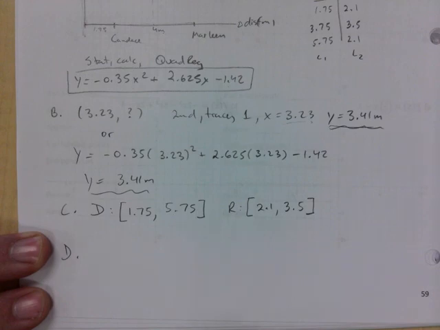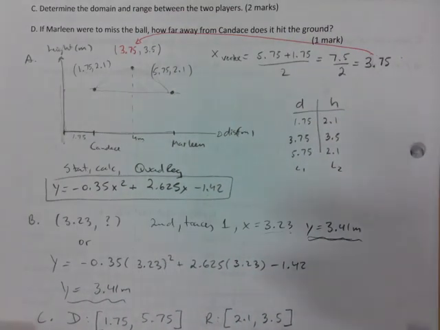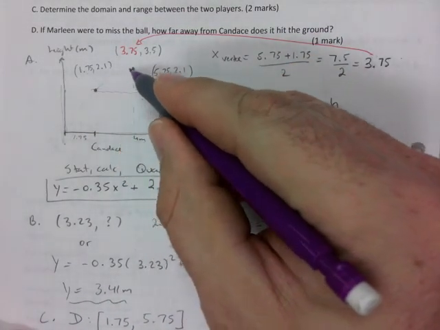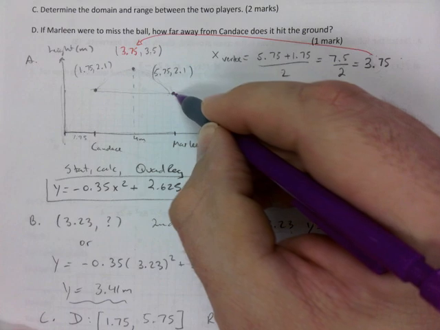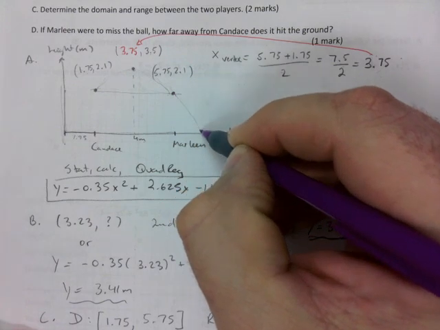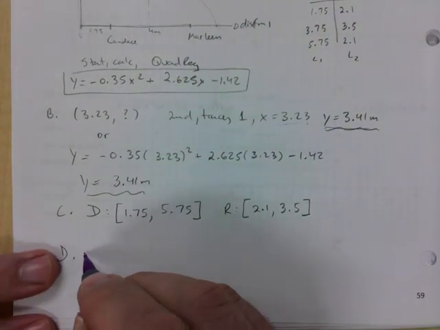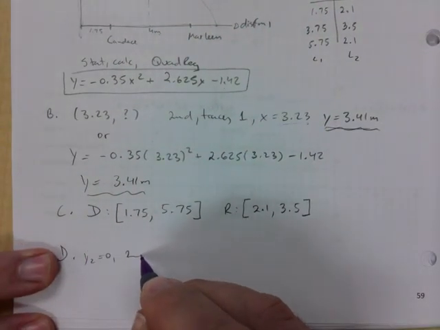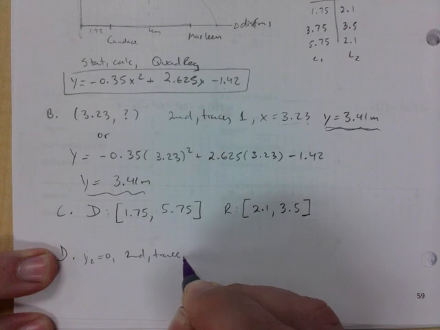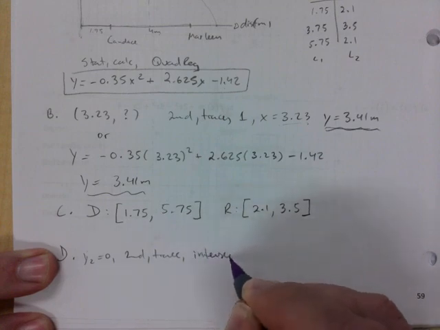If Marlene were to miss the ball, how far away from Candace does it hit the ground? So if Marlene is here, getting a set, misses the ball, and the ball then hits the ground here, we're going to figure out our x-intercept. So y2 is equal to 0. Second trace intersect.